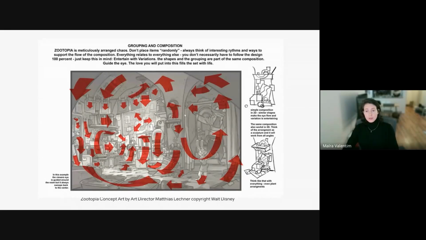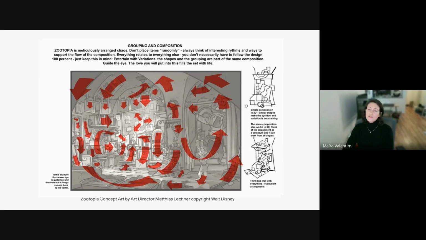And even here, so many arrows, but they're all pointing back to the character. Your eyes keep going and coming back. And here's a cool example of how he thinks of props and composition, because this is a flat drawing, you know, there's no 3D here.